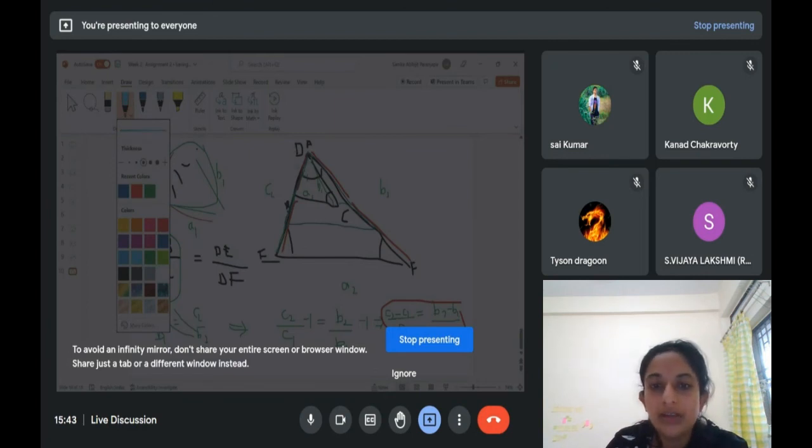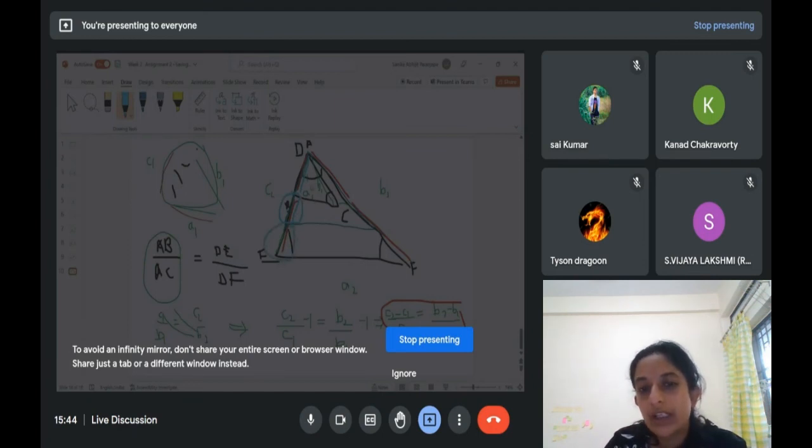From here to here, this was side of triangle ABC. Here to here was the remaining side of the new triangle. From here to here is the third triangle. So like here I proved that this line by this line is equal to this line by this line. I can also prove this for multiple triangles.